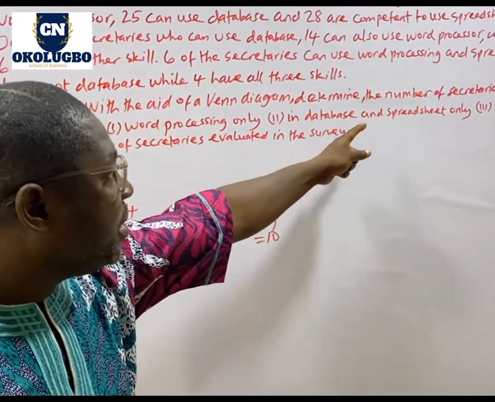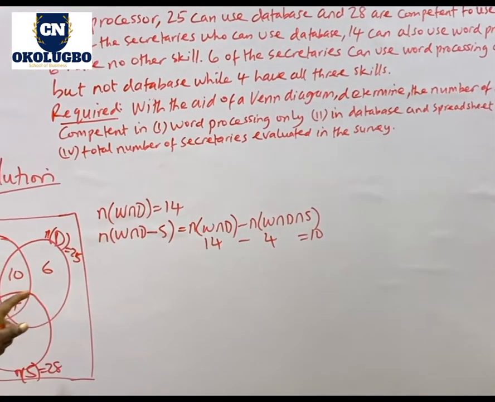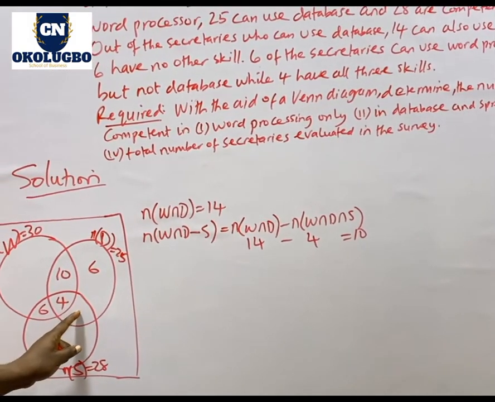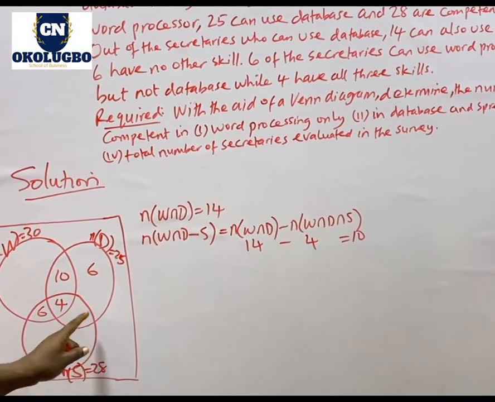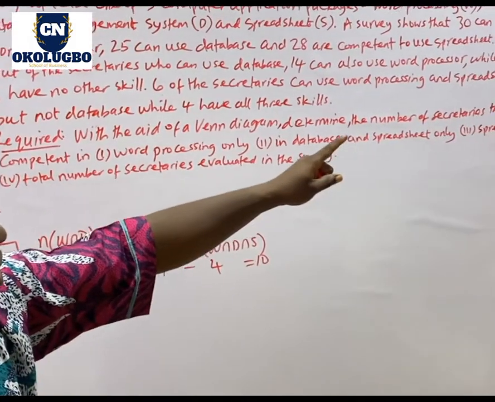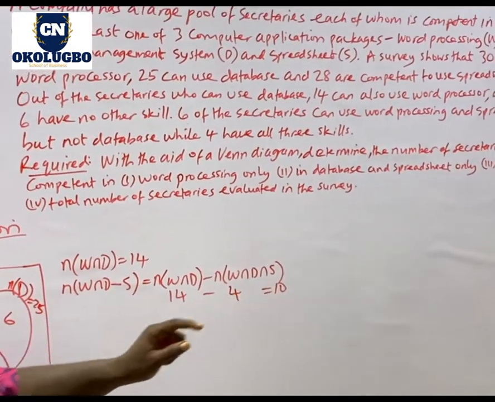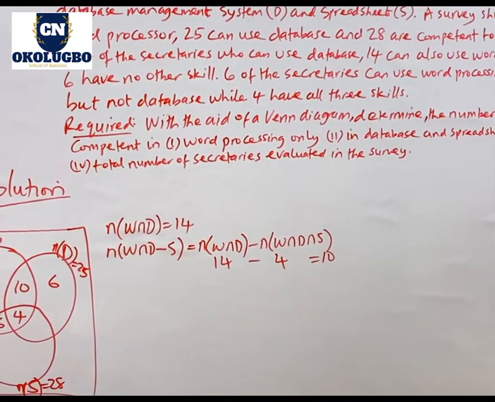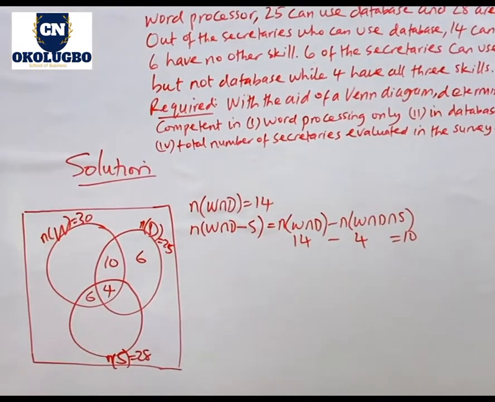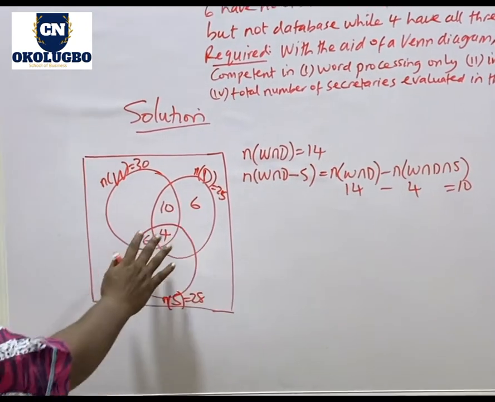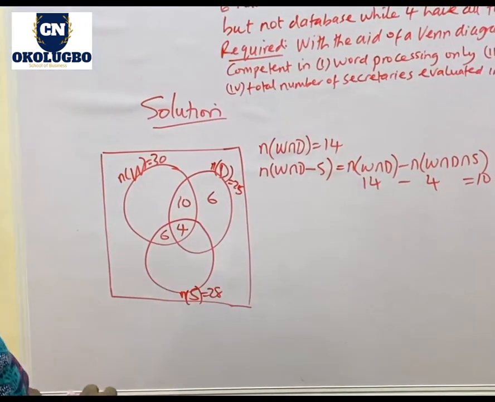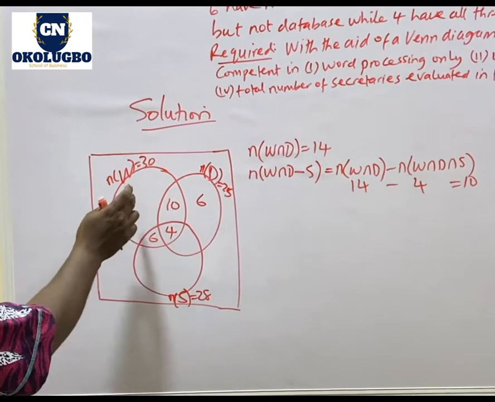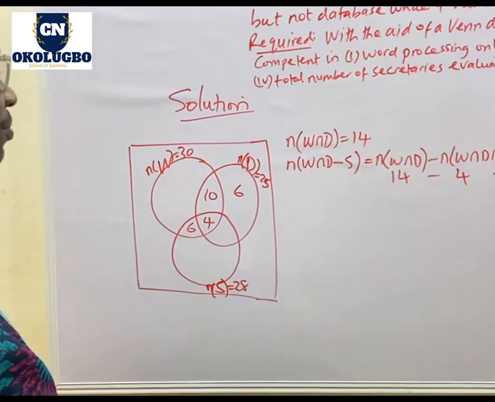Competent in database and spreadsheet only, that is here. 3. Spreadsheet only. Then from there we'll find the total number of secretaries. So our work is made easier with these values that were filled in from the question. Now, how do we get word only?